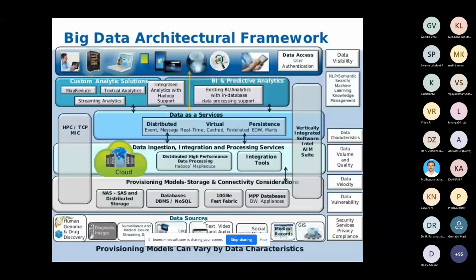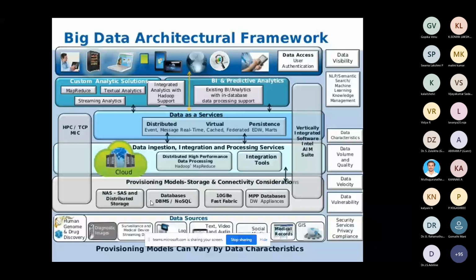And now, when it comes in the form of different data formats, you have to think about what kind of provisioning model you are going to provide to store this data. Data comes from different sources. You have to see whether you can store such data, and in which data formats it fits to store.